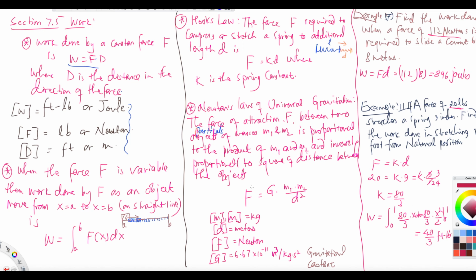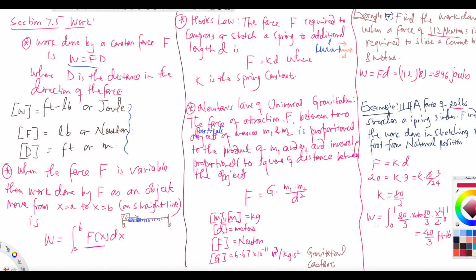You see that whenever we use a variable force, F will be K times x. Here, to find the spring constant, you just use F is 20 and K times D, and you use the D given in inches, so I changed it into feet. So K is 80 over 3.